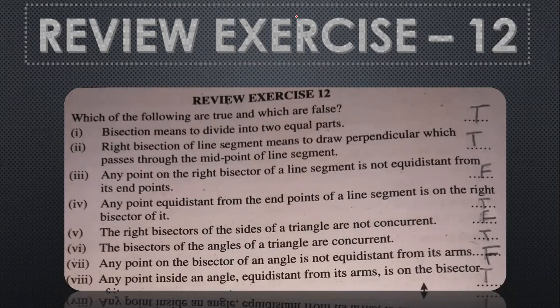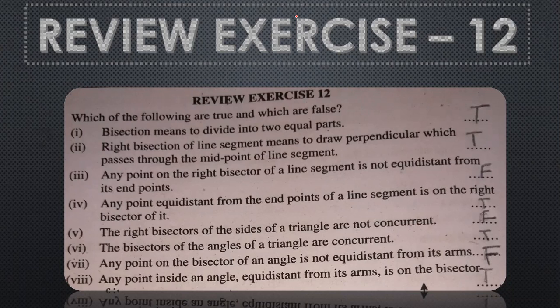The right bisectors of the sides of the triangle are not concurrent. False. They are concurrent. The bisectors of the angles of the triangle are concurrent. True. We did this in theorem 6. Any point on the bisector of an angle is not equidistant from its arms. This is false because it is equidistant from its arms.